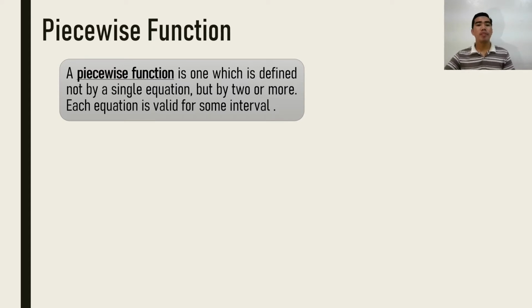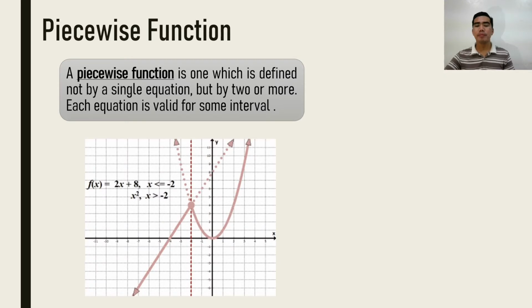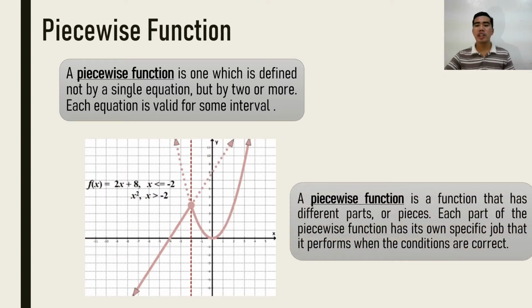Okay? So each equation is valid for some interval. So ito yung representation sa graph natin sa ating piecewise. A piecewise function is a function that has different parts or pieces. Each part of the piecewise function has its own specific job that it performs when the conditions are correct.